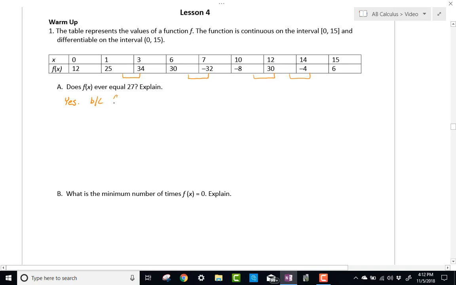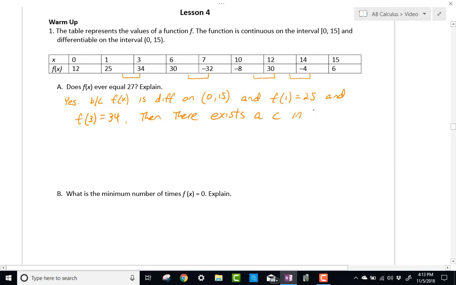because f of x is differentiable on the interval from 0 to 15, and this is the open interval, 0 to 15, and f of 1 equals 25, and f of 3 equals 34, then there exists a c in the interval, and we can narrow this one down, in the interval from 1 to 3, such that f of c would equal 27.